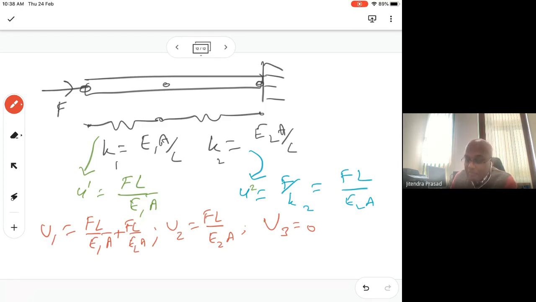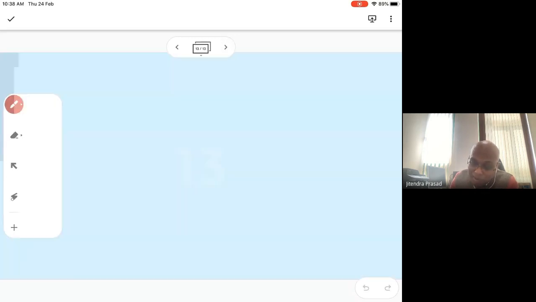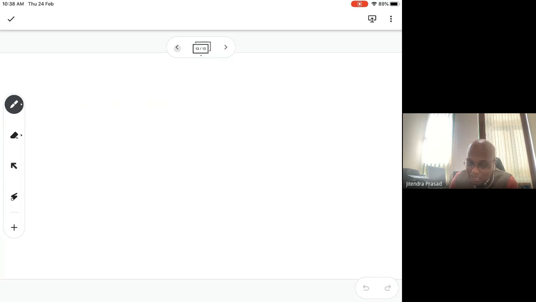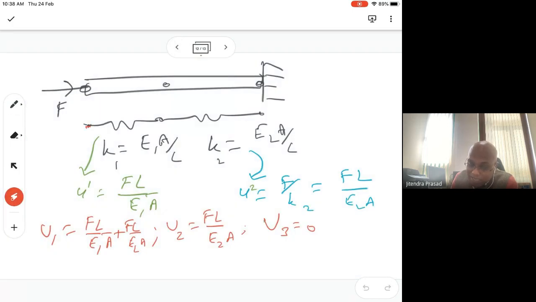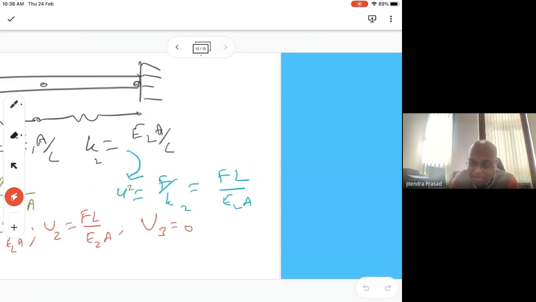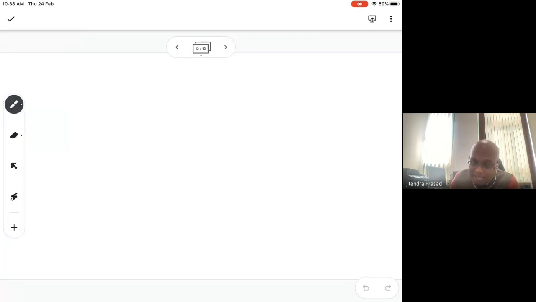So if we know that our U1 is like this, U2 is like this, U3 is like this, we can actually plot how it looks. You know that it is going to vary linearly between this and this. So what I mean to say is the exact solution is like this.